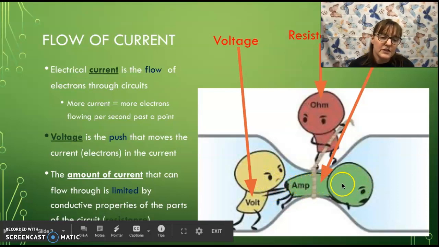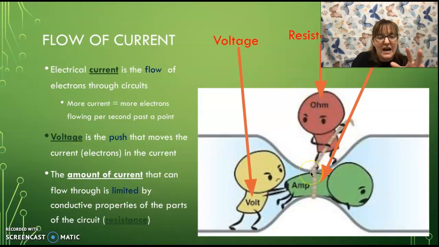Now, as the flow of electrons tries to go through the wire, there's these big areas here, but then there's your resistor, which just squeezes in and makes it really hard for that current to flow through. And that current flowing through is what changes our energy from one form to the other.